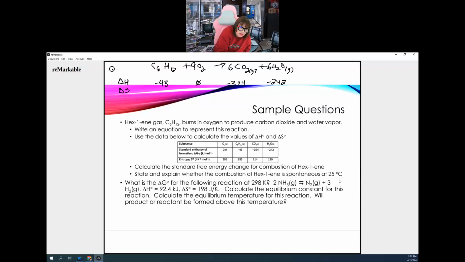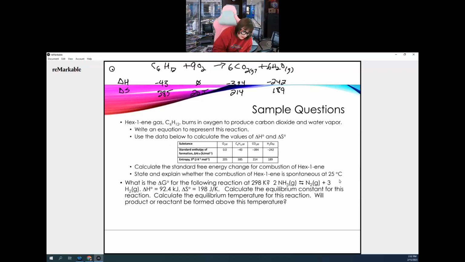My delta S values, I have 205 there. 385 here. My CO2 is 214. And my H2O is 189.